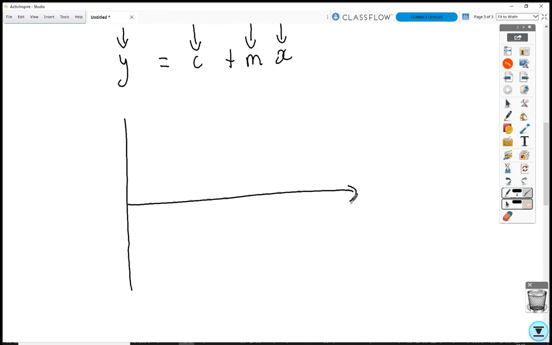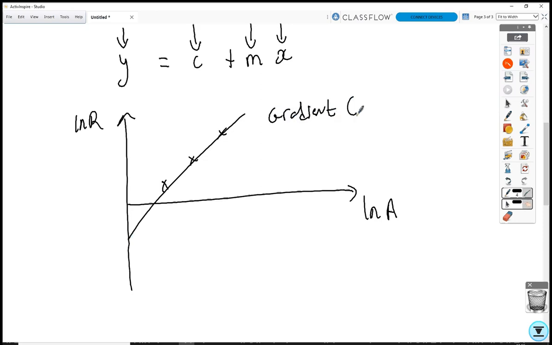And then they get a graph that looks like this. So you've got ln R, ln A. They get some values, plot a line. And they found that the gradient was equal to a third. The gradient, which is N, equals a third.